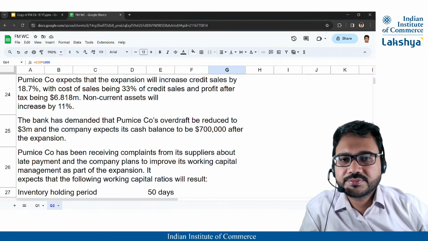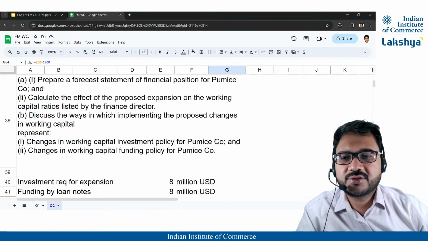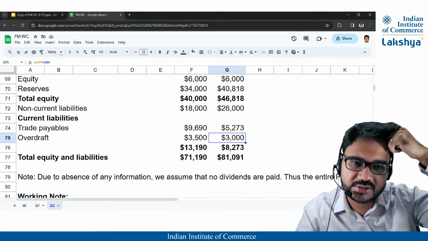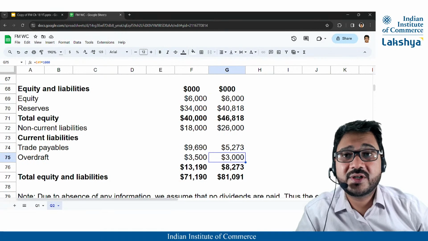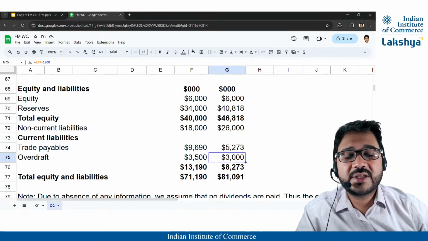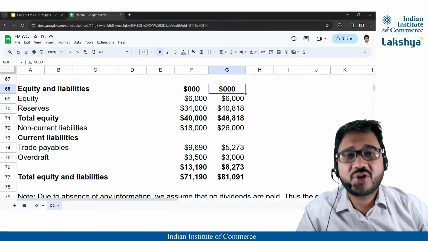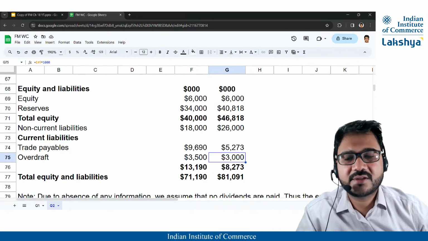Yeah, our overdraft needs to be reduced to 3 million. So if in our current liability we have overdraft, yes, we do. So it reduces to $3 million. Remember, all these figures are in $1,000. So therefore, I've written it as 3,000. Many times you would just write 3 or 3 million, but remember the heading says $1,000. Accordingly, you need to adjust it, right?